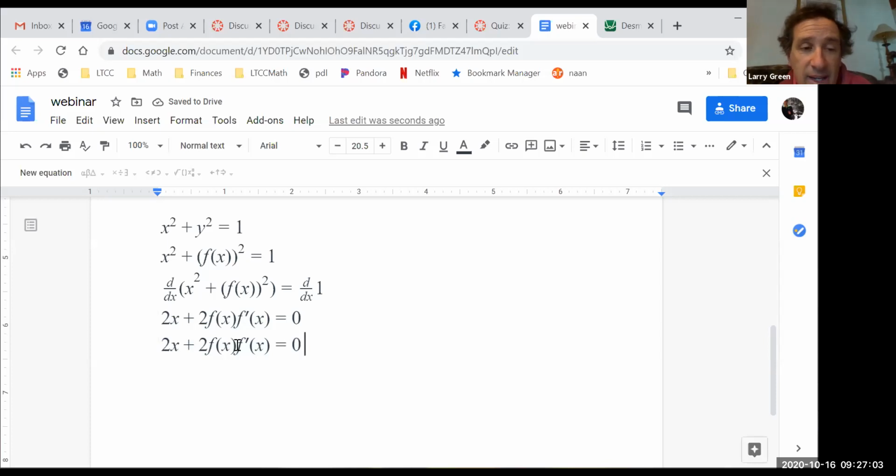Okay. The next thing I'm going to do, just for a little simplicity, is f of x is y, and f prime of x is y prime. So I'm just going to rewrite it that way. Anyone lost on what I've done so far? Okay, what's my goal? What am I trying to get?